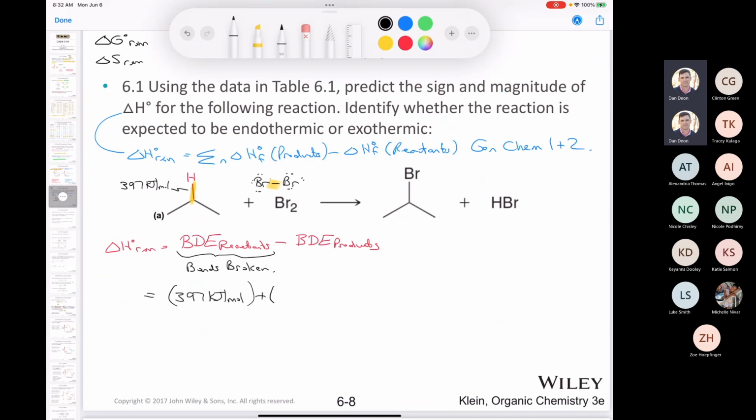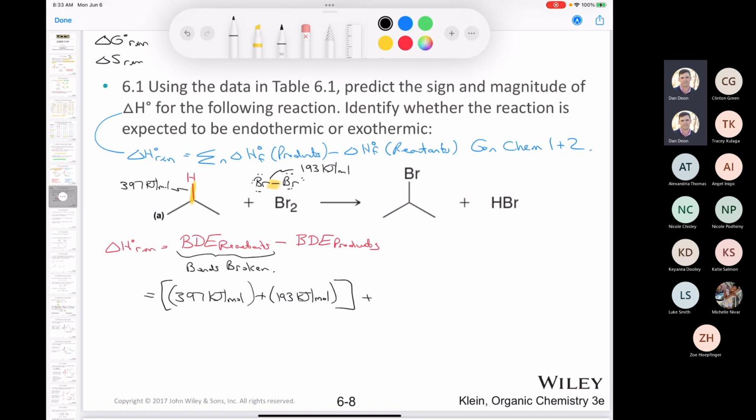I looked that up, and the amount of energy that it takes is 193 kilojoules per mole. So what we're saying is that it takes 397 plus 193 kilojoules total to break 1 mole of each of those bonds, if we combine the two of them together.